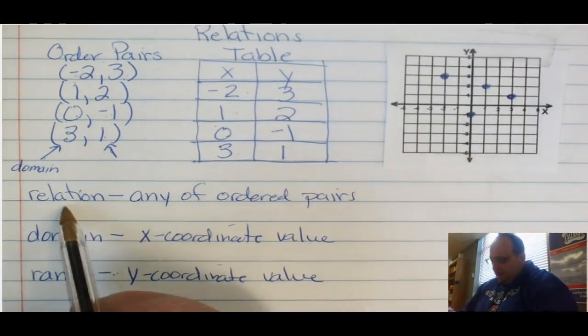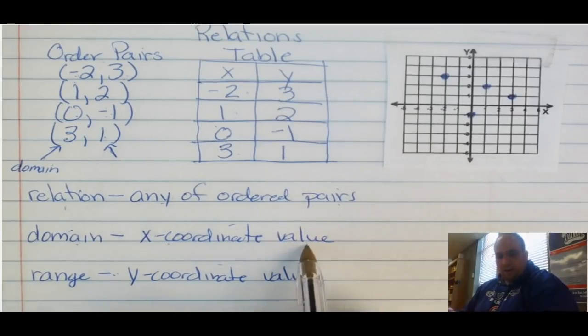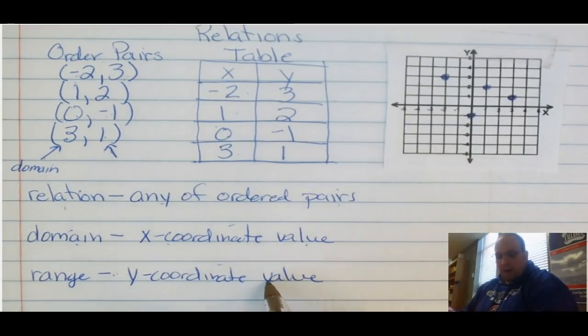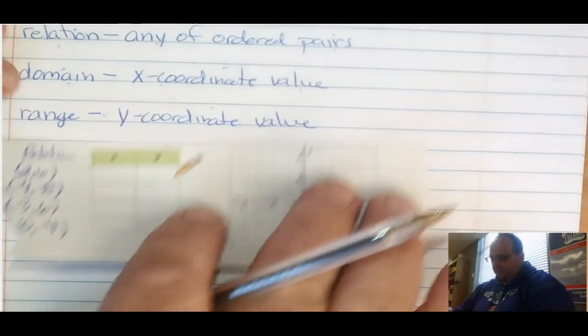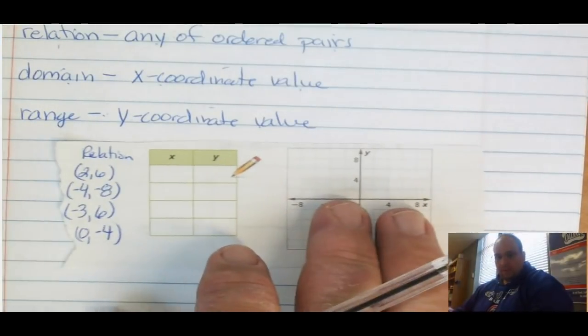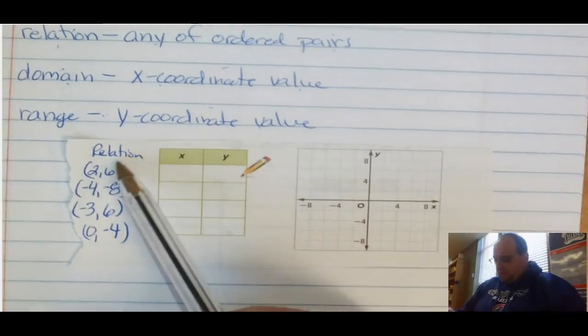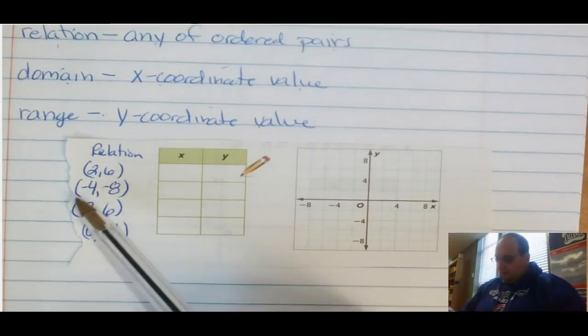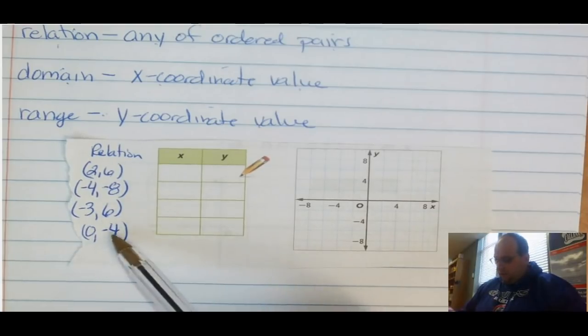So again, a relation is any ordered pairs, domain is just your x-coordinate value, range is your y-coordinate value, all right? So let's go ahead and look at another example, okay? We're going to use the following relations. We're going to have 2, 6, -4, -8, -3, 6, 0, -4.